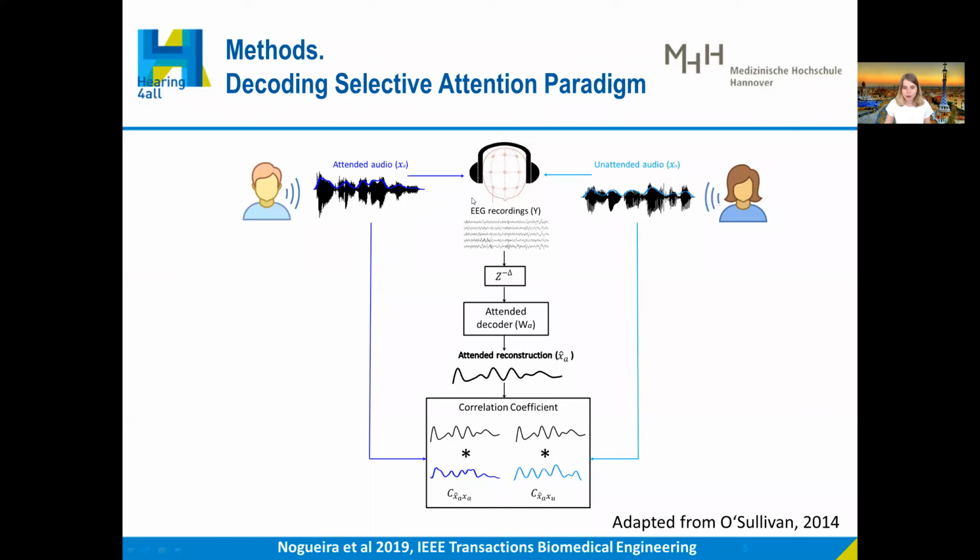Then the EEG recording is lagged and used to design an attended decoder which serves to reconstruct the attended speech. At the end, we compute the correlation coefficient between the attended original and unattended original signals and the reconstructed signal, and then compare them.